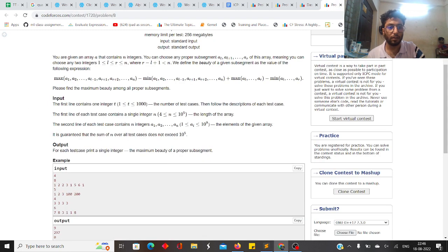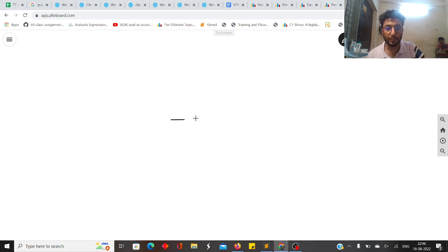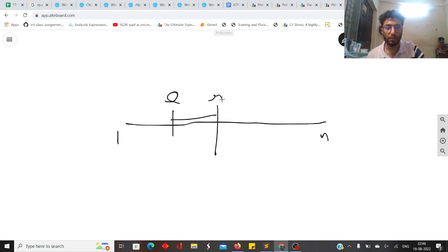So let us see what this expression actually is. Suppose we select a range L to R. Let's say this is my given array 1 to n, and I select this range L to R. This is L, this is R. Then I take the maximum and the minimum of this range, and I add max minus min to my answer.